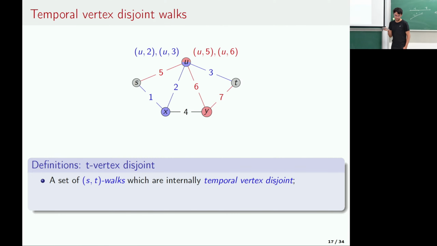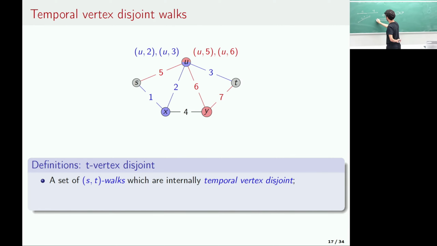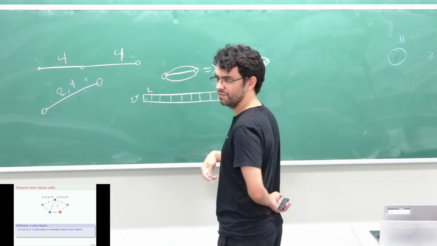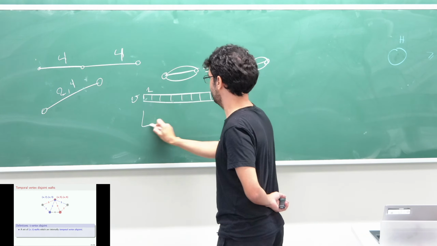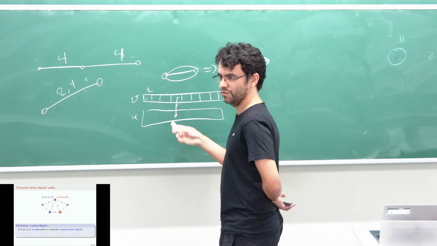But there is a way to see a temporal graph as an undirected graph. You draw a vertex v with times 1 to n, and then for u you add an arc like this, representing time.